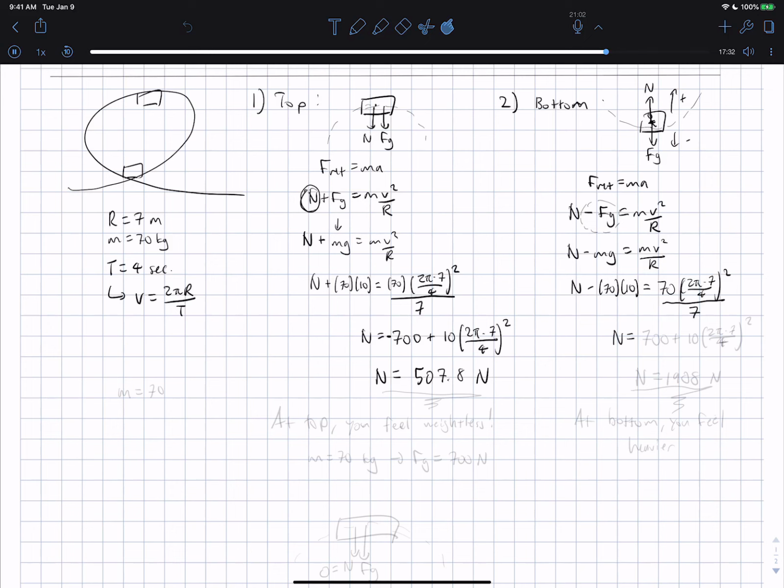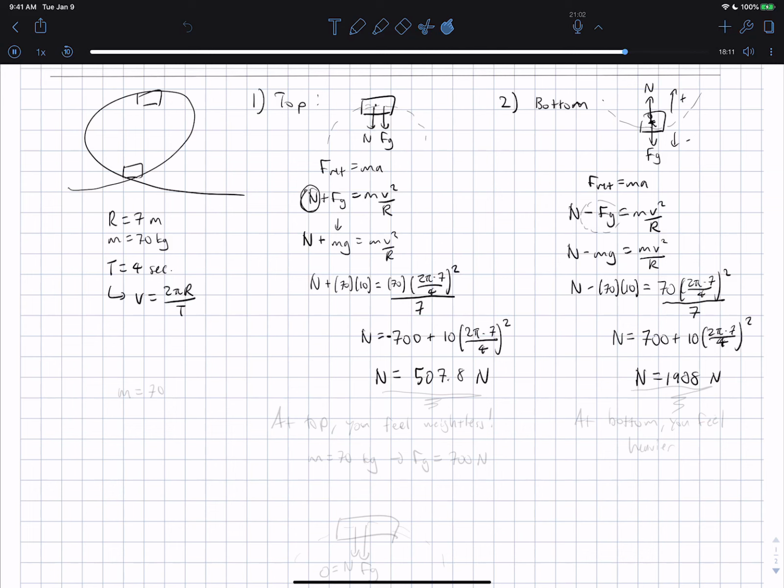Now we add 70 times 10 to both sides, so it's 700 plus, 70 divided by 7 is 10, times 2 pi times 7 over 4 squared. And if we do that out, what we end up with is the normal force is 1,908 newtons.